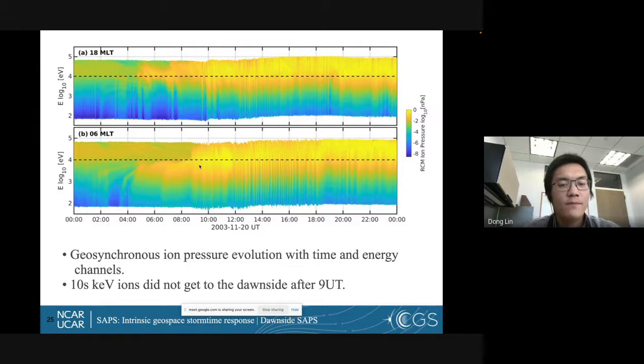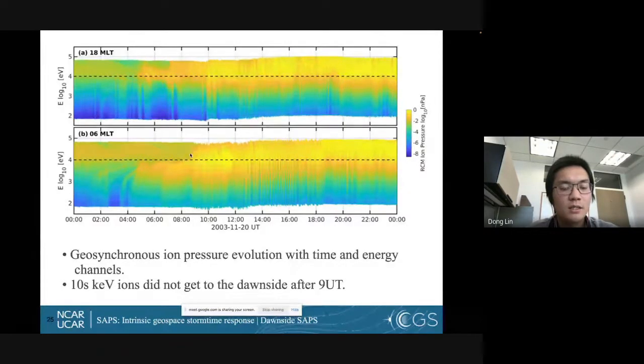However, the dawn side is showing a very interesting transition much later than the dusk side. So you don't see substantial enhancement of the ring current pressure on the dawn side until sometime later.